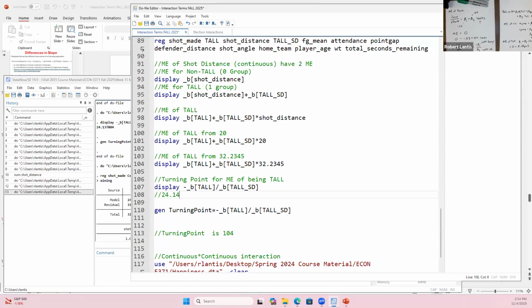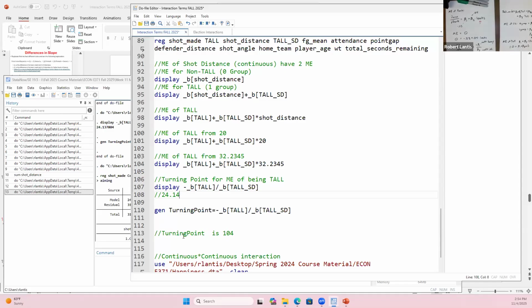Now the display command will show you the exact value, but if you just want a rough estimate, you can always add comments in there. It's just best practice stuff I'm trying to give you, as some of you have reached out to me about potentially doing an honors thesis or things like that. We want to start to write our code so that if somebody else uses it, they would be able to pick up what we're doing.